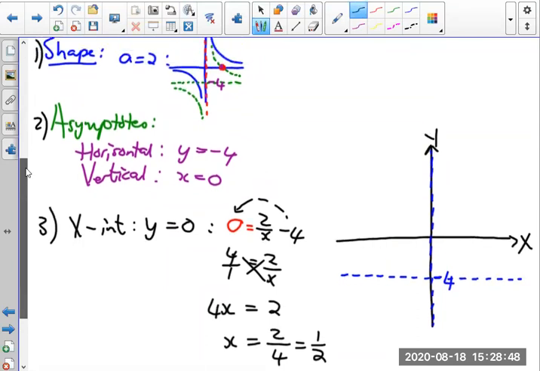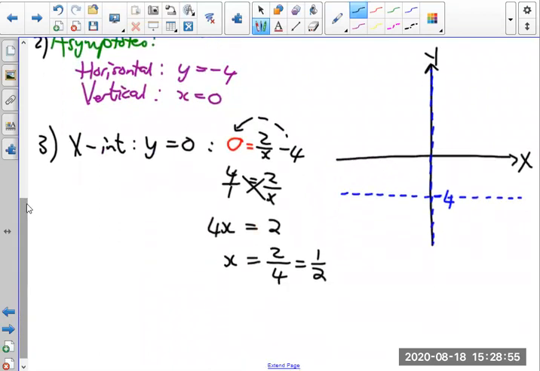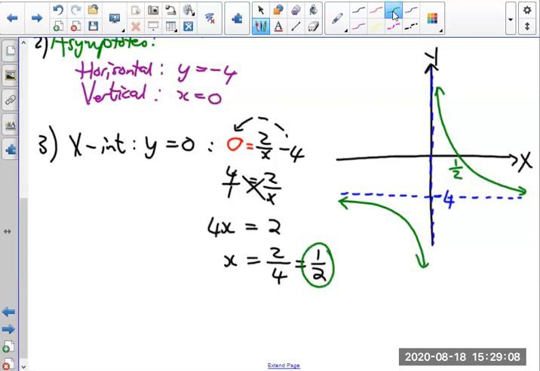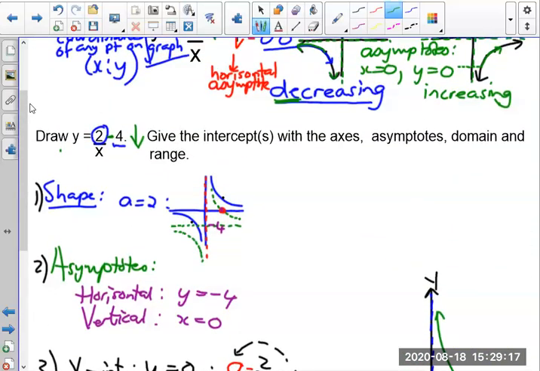Now we said the shape is in the first and the third quadrant, so it's going to be there and there. And I've calculated the x-intercept, which is a half. So there's my hyperbola.